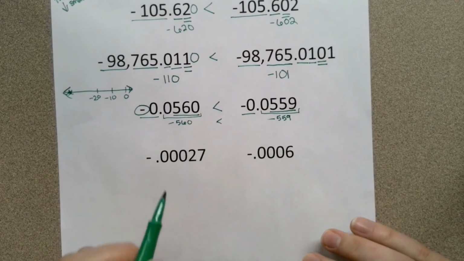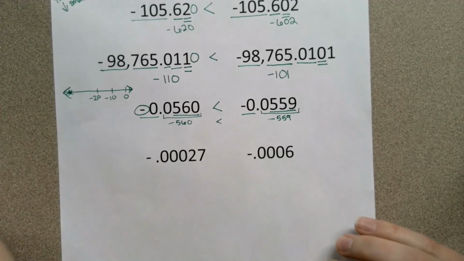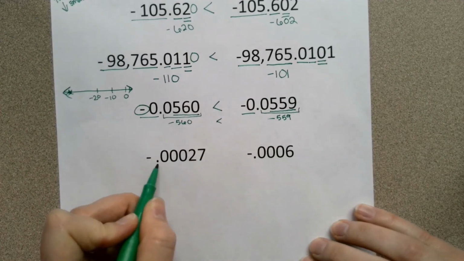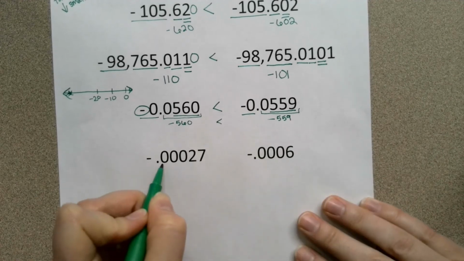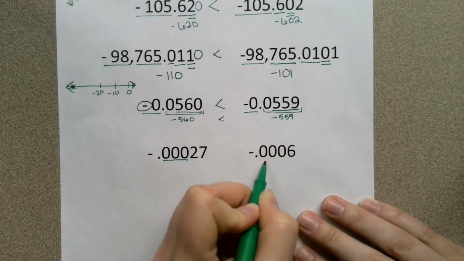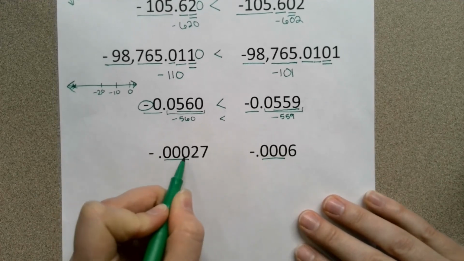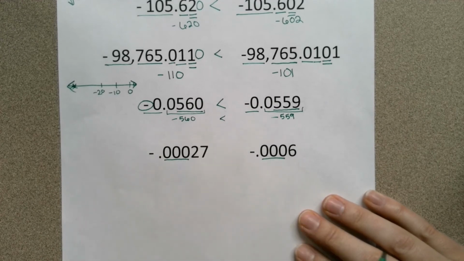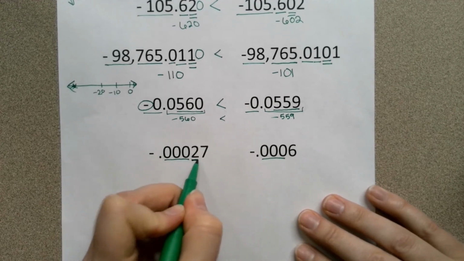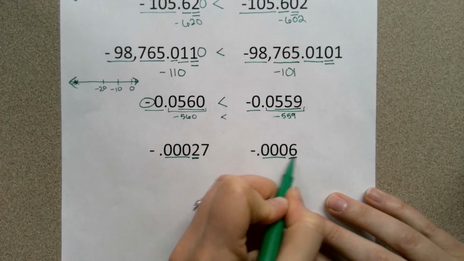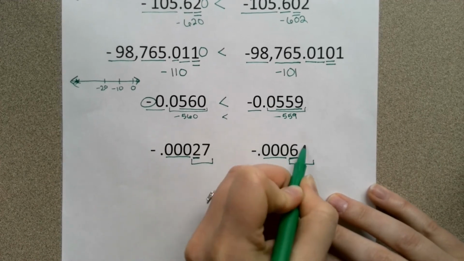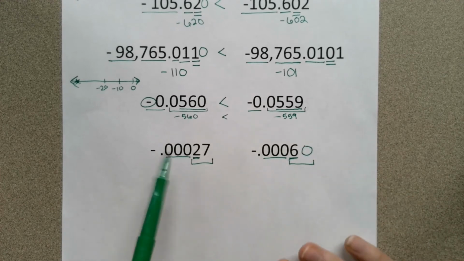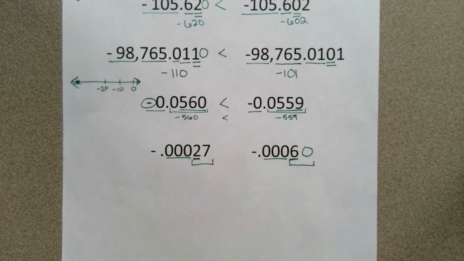Looking at the last one for this example of comparing decimals, both of them are just negative decimals from there. No whole numbers to compare. They both start with 3 zeros to the right of the decimal: tenths, hundredths, thousandths. So at this point we're comparing the 2 and the 6, or the 27, and then we would have to add a 0 to the 6 to make them both have 5 digits to the right of the decimal.